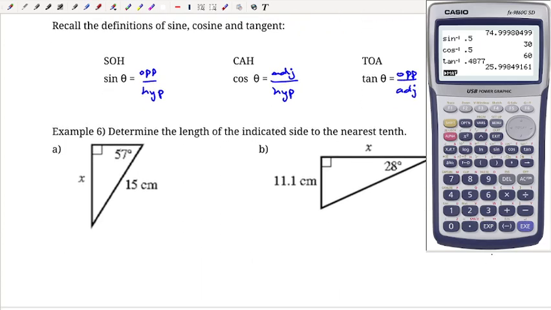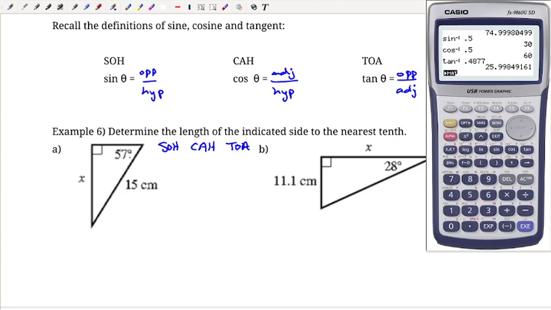We use the Pythagorean theorem to find the missing side when we knew 2 other sides. We're going to use SOHCAHTOA to find a missing side when we know an angle and a side. So when you start one of these questions, pretty much every single time I want you to write out SOHCAHTOA. This is going to help you figure out which of these trigonometric ratios you're going to use to answer this question.